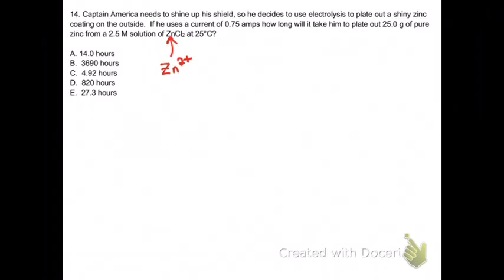That's going to be important. So our reaction to turn this into a solid is going to be zinc 2 plus plus 2 electrons yields solid zinc.